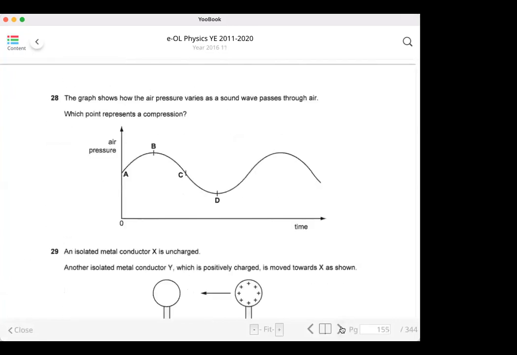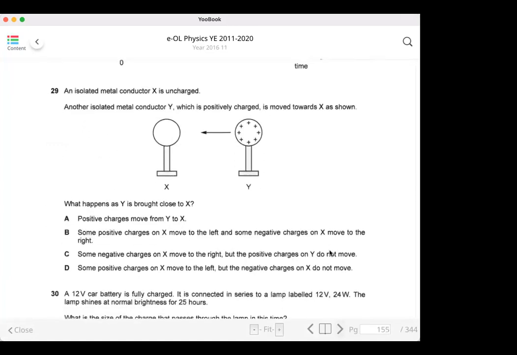Okay, I'll do question number 29. You all may begin. Okay, you are answering very fast.